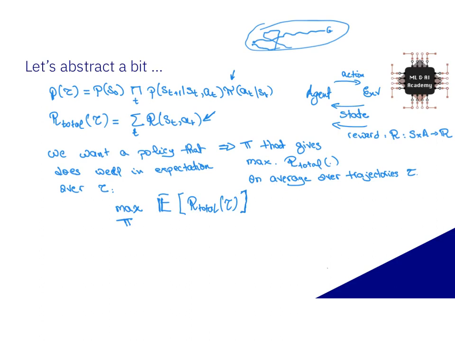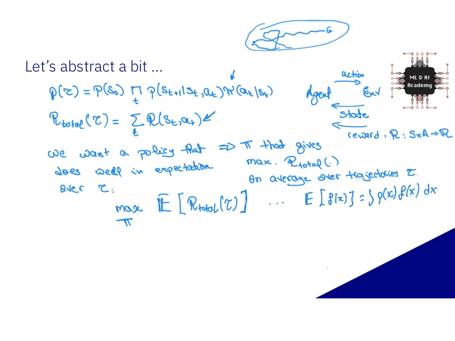Now, if you remember the definition of expectation: if you had some random variable x, and you try to compute E of a function of x, that is the integral, if x is continuous, of p of x, f of x, dx.